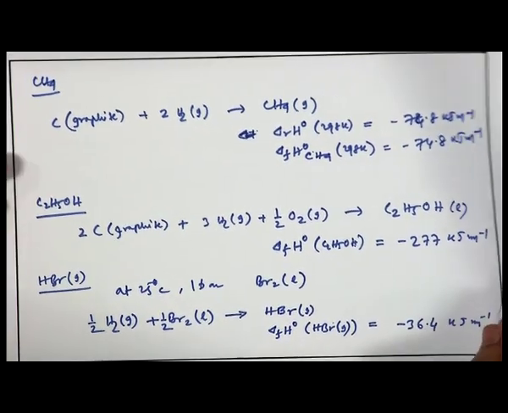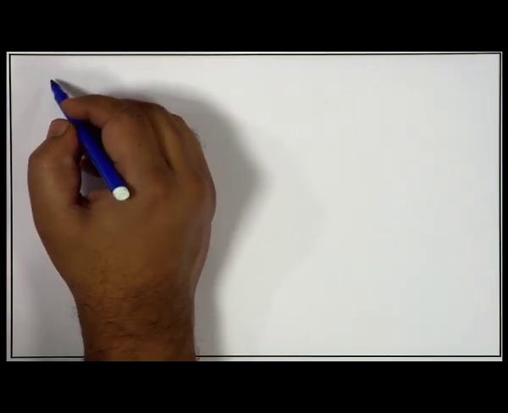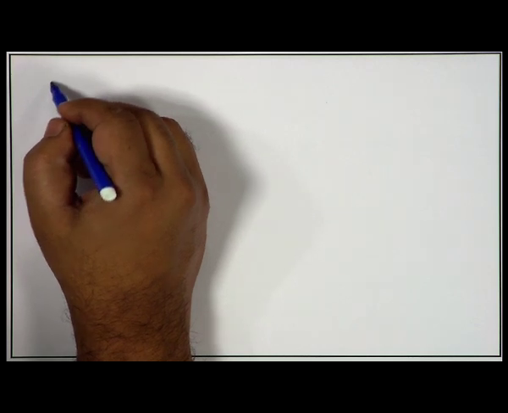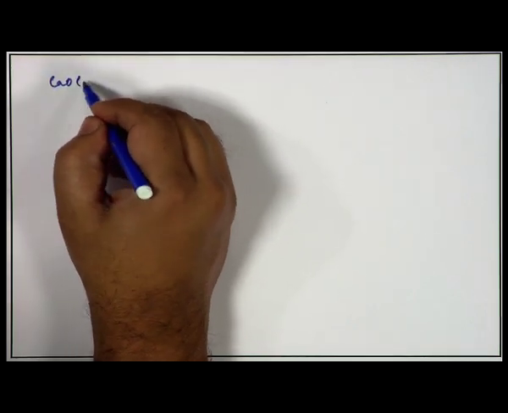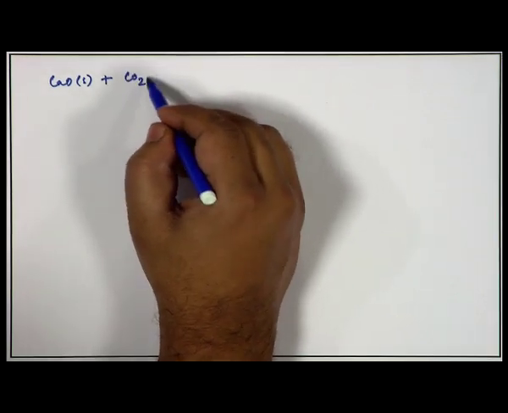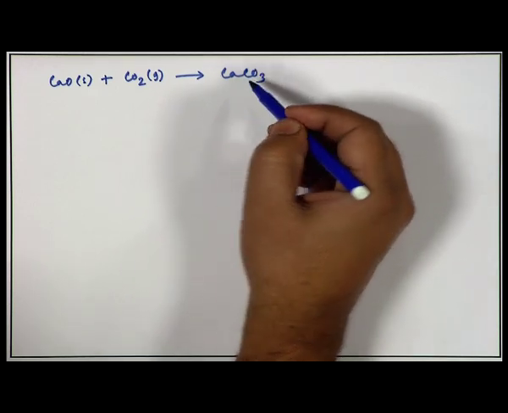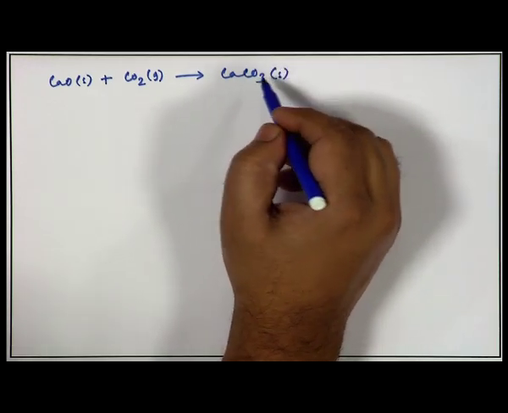For example, which is not an enthalpy of formation: calcium carbonate we can form by this equation, giving solid calcium carbonate.